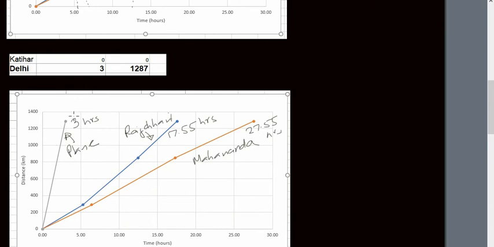And this tells you that it's the same distance. So the plane took 3 hours, Rajdhani took 17.55 hours and Mahananda took 27.55 hours.